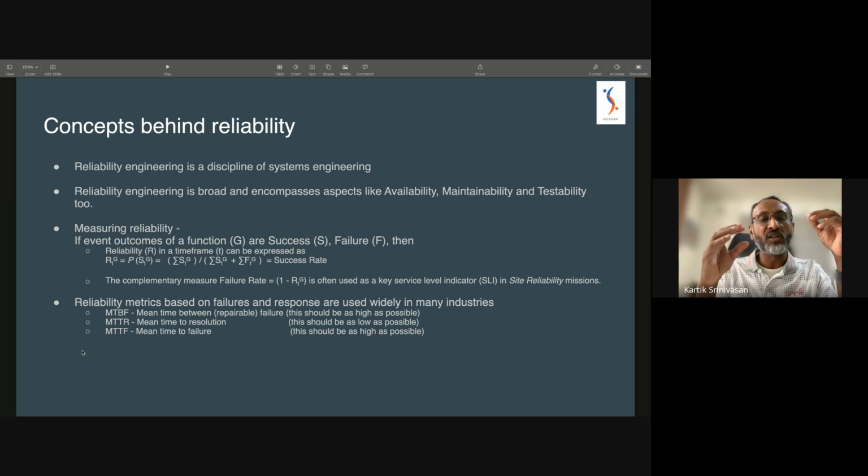But these are concepts that are borrowed from reliability engineering and are applicable to a variety of different industries and domains. So you've got to keep these concepts very clearly defined in your head. And this is not exclusive to software. This is what I would tell you.